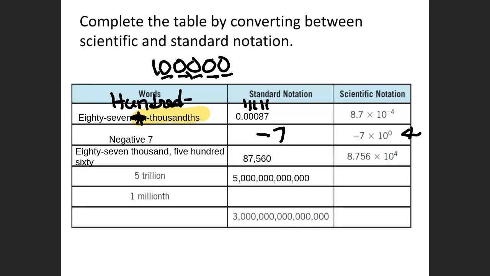Or, in this case, it is written 5 times 10. Now, in this case, how many zeros do I have? 1, 2, 3, 4 sets of zeros. So this is a power of 12. Okay?